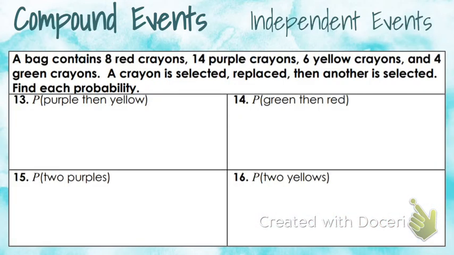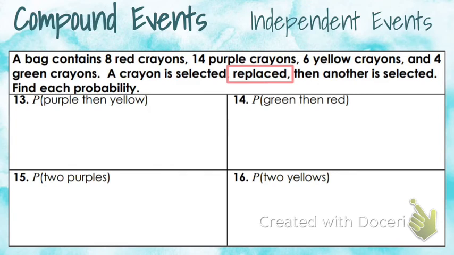Okay, so this is another independent event one. This says a bag contains 8 red crayons, 14 purple crayons, 6 yellow crayons, and 4 green crayons. A crayon is selected, replaced. Sorry, I thought I was drawing without circles, but that's okay. Replaced. Then another is selected. Find each probability. So if this is replaced, then it's not going to change. I could draw the same marble out 47 times in a row if I wanted to.